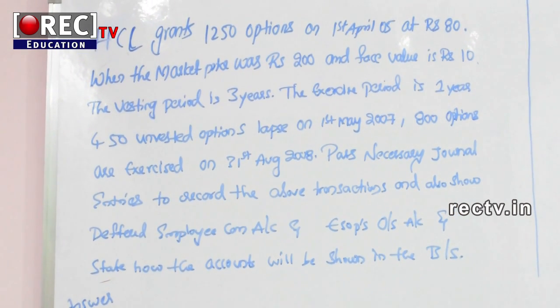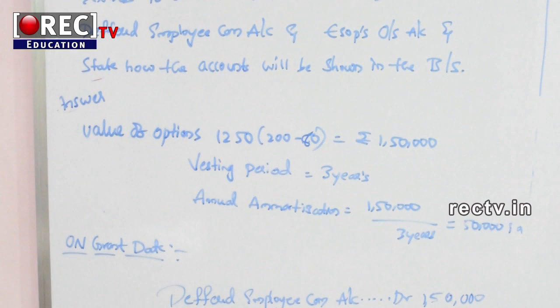So this is the question. Now coming to the answer part, first of all we have to value the options. For the value of options, it is the total number of options into market price minus exercise price. Therefore the value will be 1250 into 200 minus 80, so we get 1,50,000.